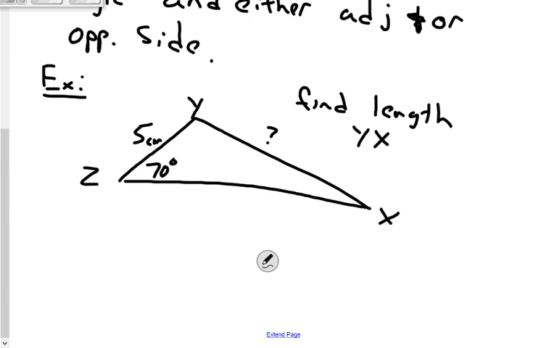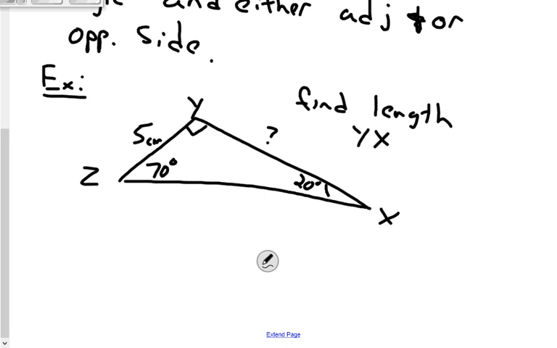I'm looking for this length here now, okay? You know what, Chloe, you could find the other angle, because what do all three angles have to add up to? 180, right? And if we know this one's 90, the difference between these two has to be 90 as well. So if that's 70, you know right away that this is 20, right? So there, you found all the angles, okay?